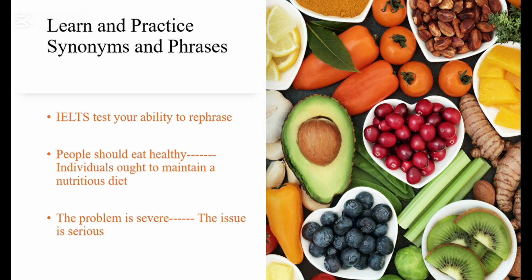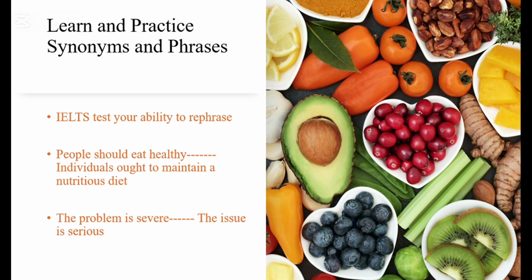So for example, how you can paraphrase. One of the examples I have taken here is a sentence like, people should eat healthy. How can we rephrase it? Individuals ought to maintain a nutritious diet. The other example could be, the problem is severe. How can we rephrase it? The issue is serious.